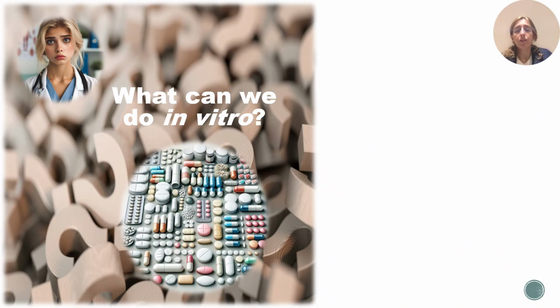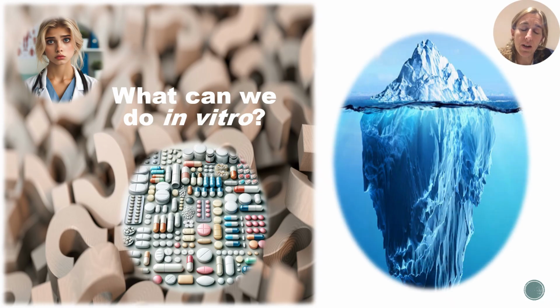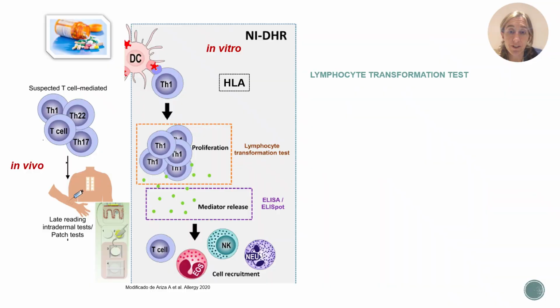So what can we do actually in vitro? Most likely we can do very little of what is actually going on in the real pathways and mechanisms of cells and mediators.